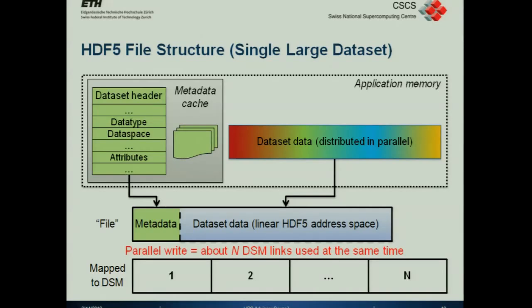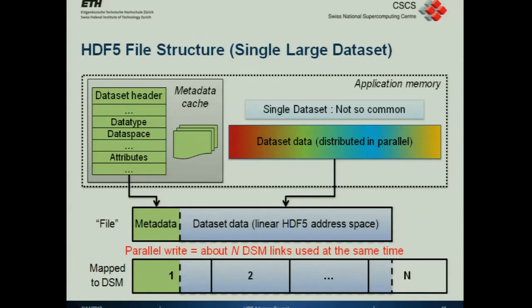It's all being written through different links into these 4, and because you're filling the memory, you're using all the links in the network. I should point out there's metadata here, which is how HDF manages what's in the data in the file. When you write into it, you fill up the memory, you use all the links, everybody's happy.